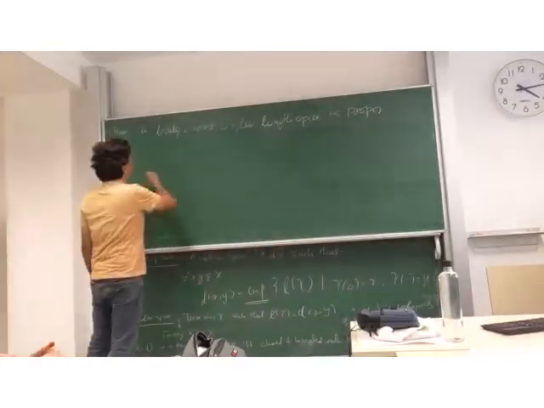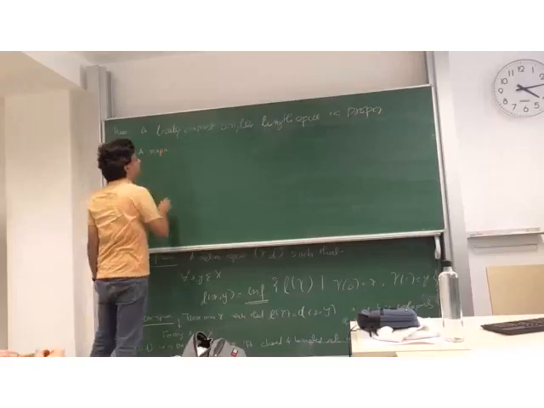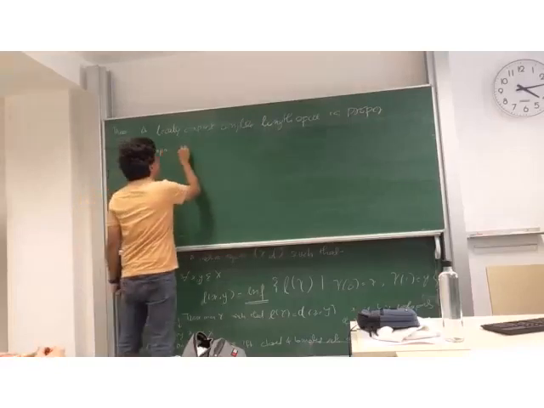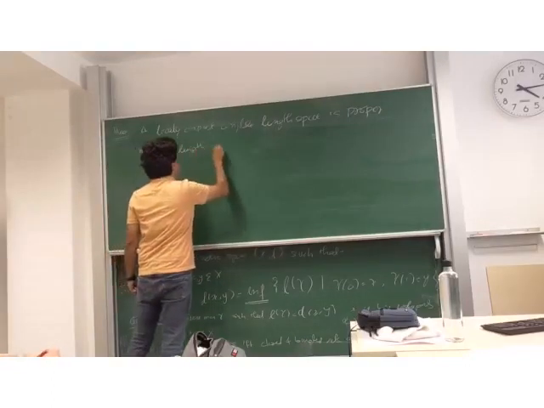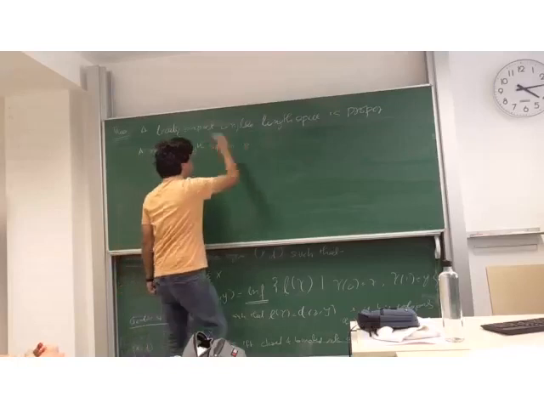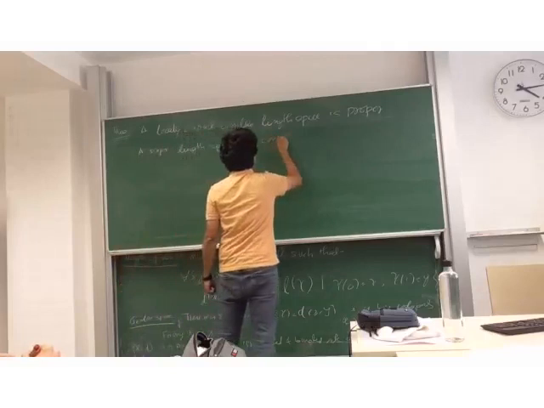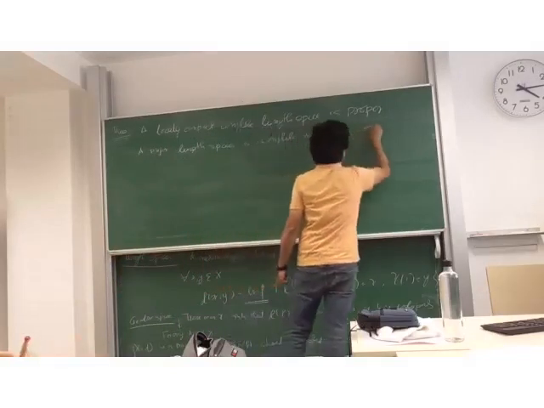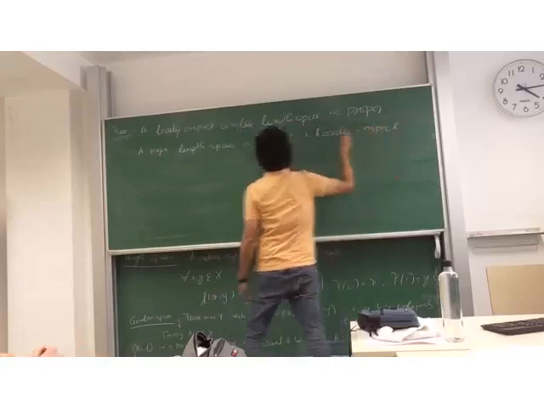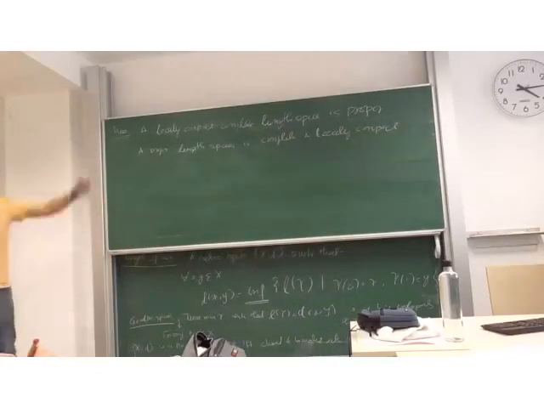Otherwise, a proper length space is complete and locally compact. That's the converse, but what's the deal?